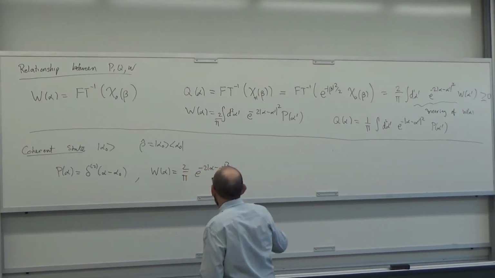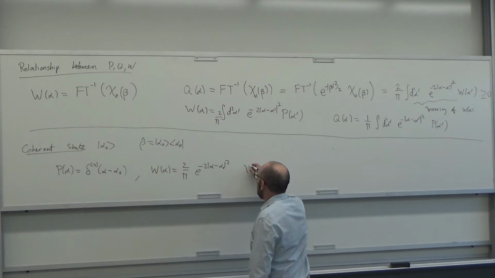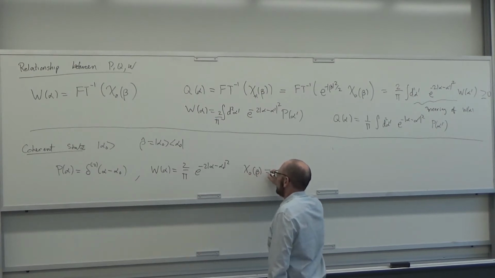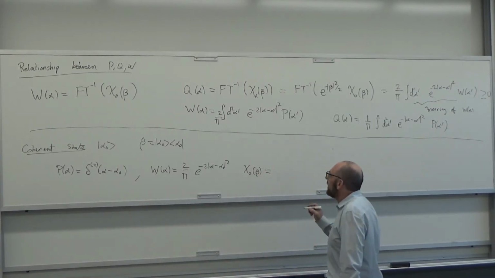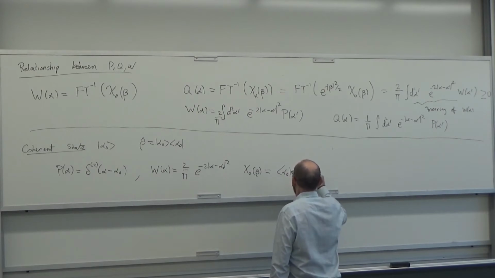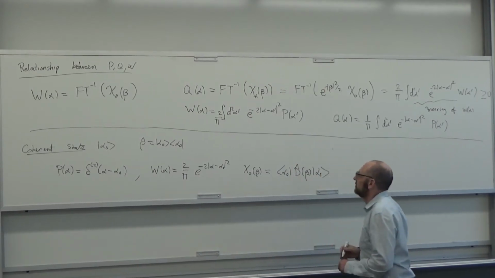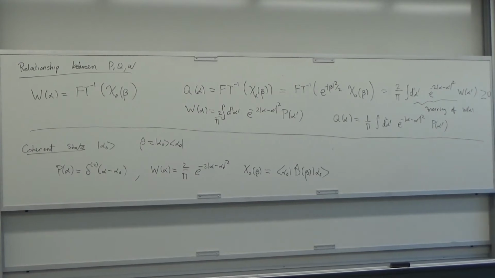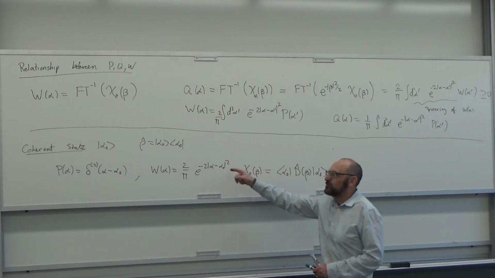So the characteristic function of this guy in symmetric order is equal to the expected value of the displacement operator. And that you can calculate. Then you take the inverse Fourier transform and you get that.